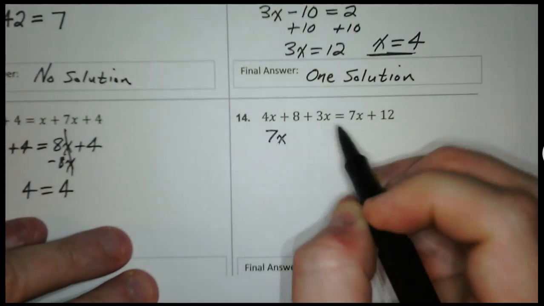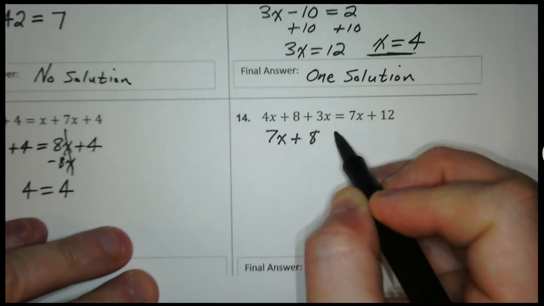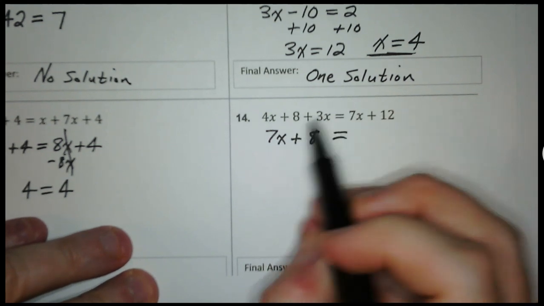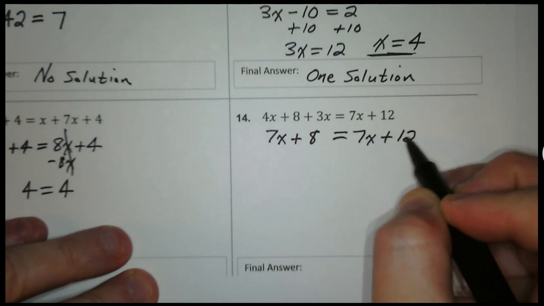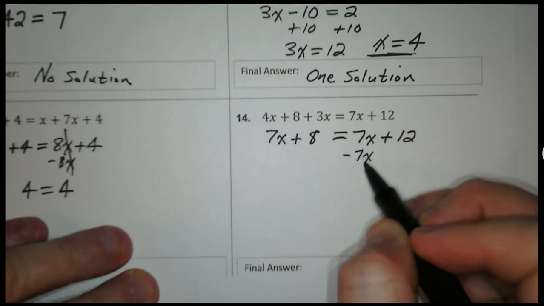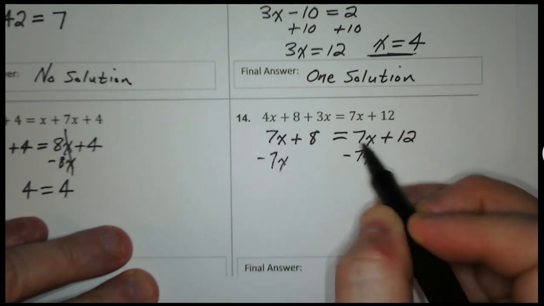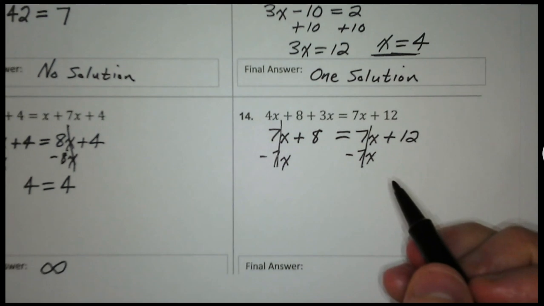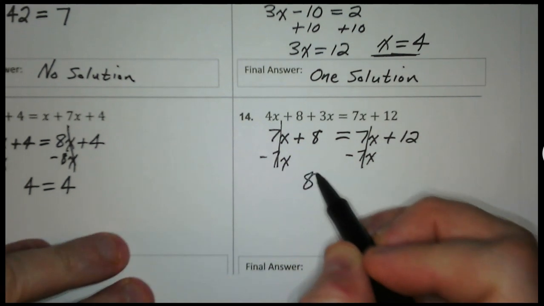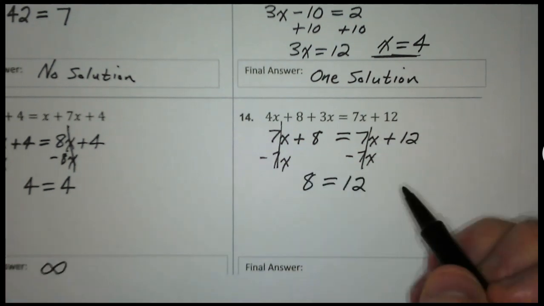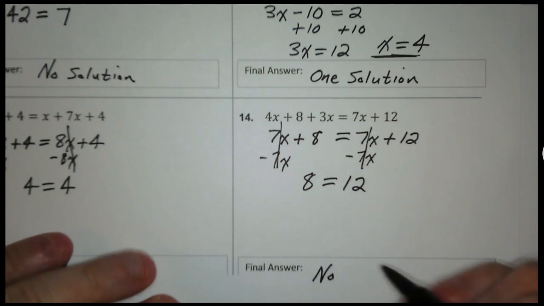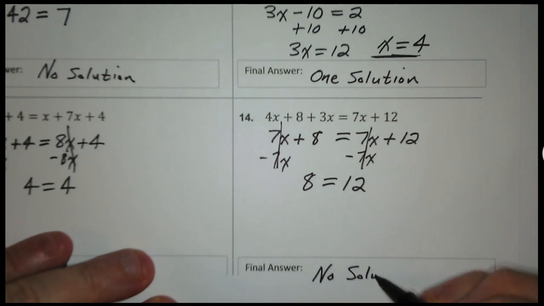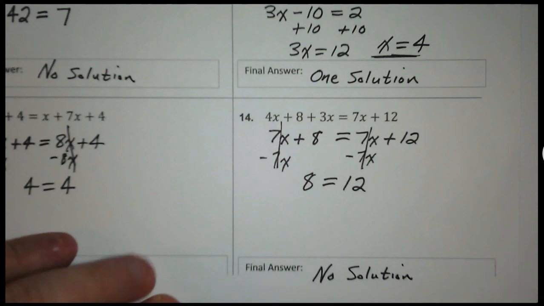There's some combining again. 4x and 3x makes 7x. The right side is the same, and so we want to get the x's, and they totally go away again. And the only thing that's left is 8 equals 12, which is false. So no solution.